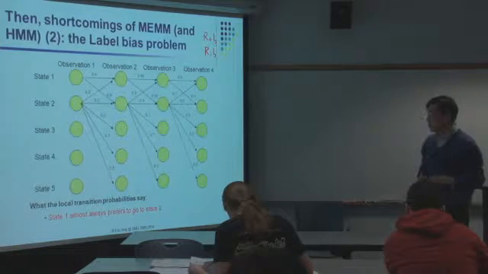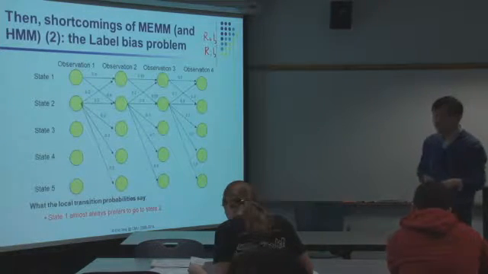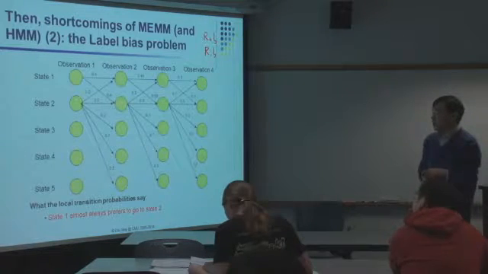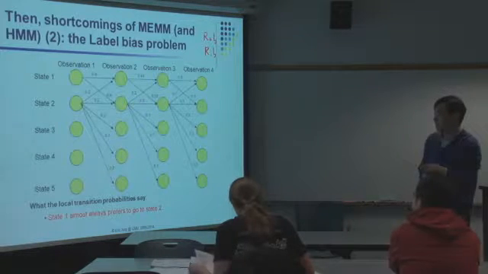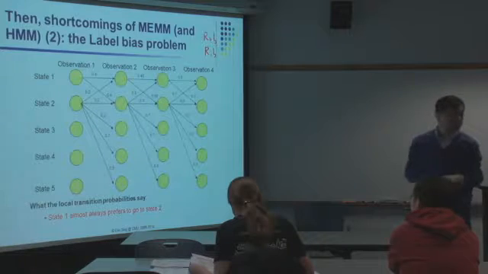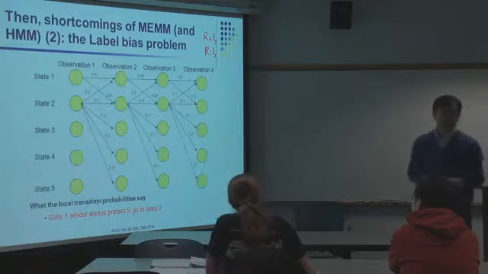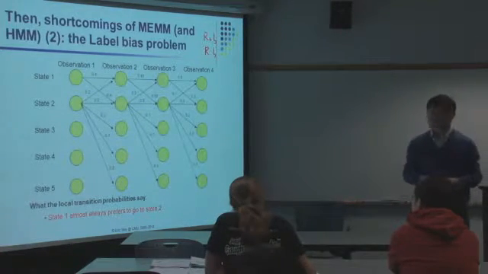Nothing goes wrong, except that now you empirically observe that state 1 seems to almost always prefer to go to state 2, because every time there is a choice, it has a greater probability of going to state 2, other than the last one, which has equal probability.